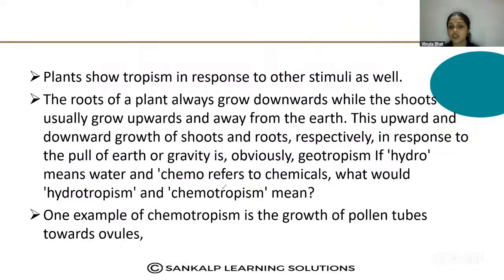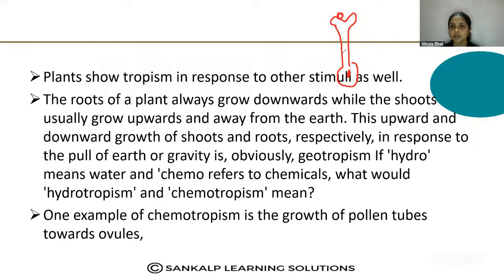But plants also show chemotropism and hydrotropism. An example of chemotropism is the growth of the pollen tubes towards the ovule. This is the stigma and style, and this is the ovary, with the ovules present inside.